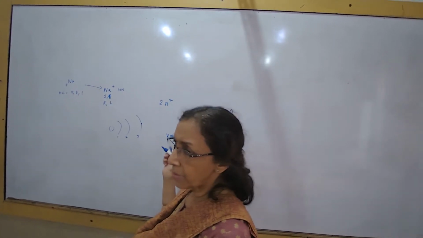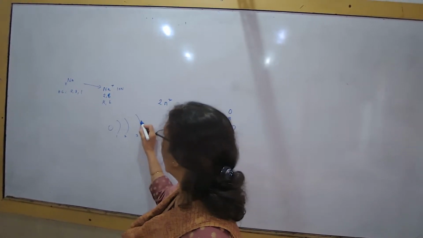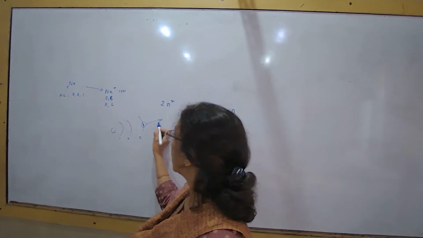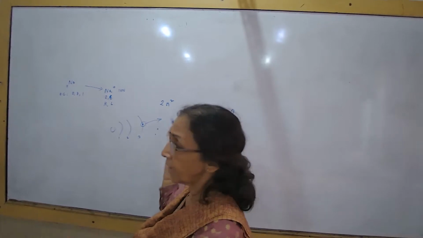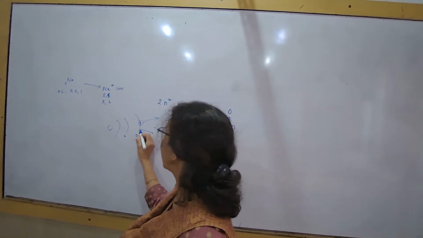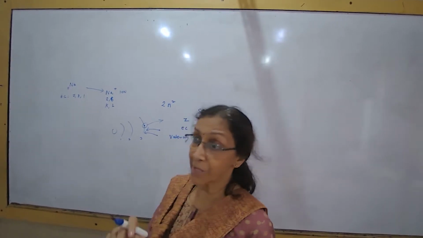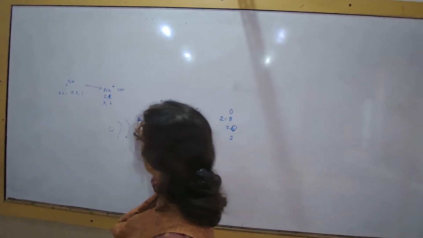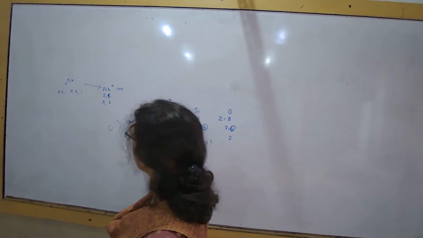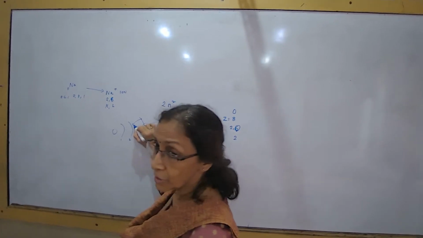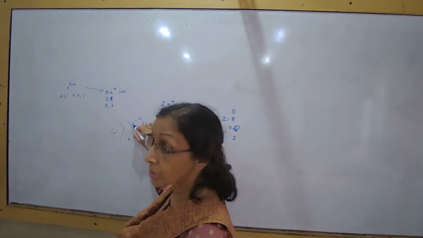So in any of the chemical reactions, one electron which is here can be lost, or electrons which are given out by something can be accepted. But there are certain special conditions where an electron in the outermost shell can jump into the lowermost shell. That is also possible.